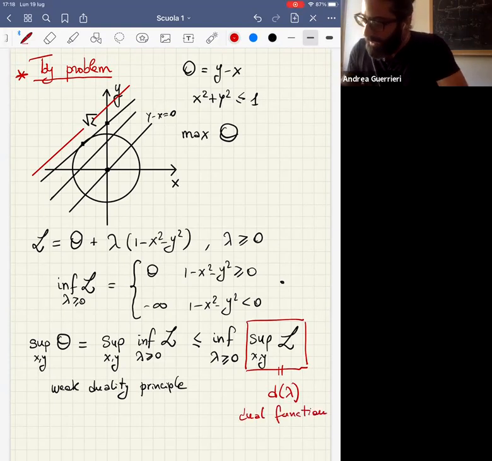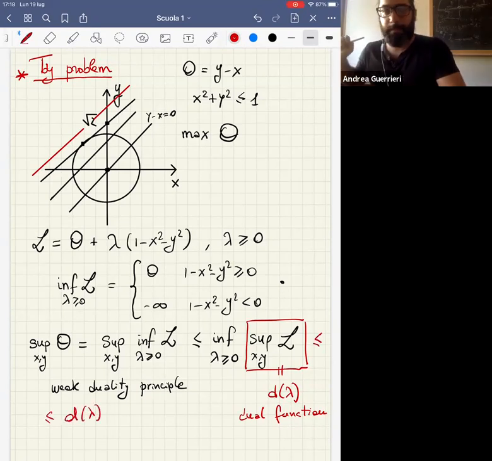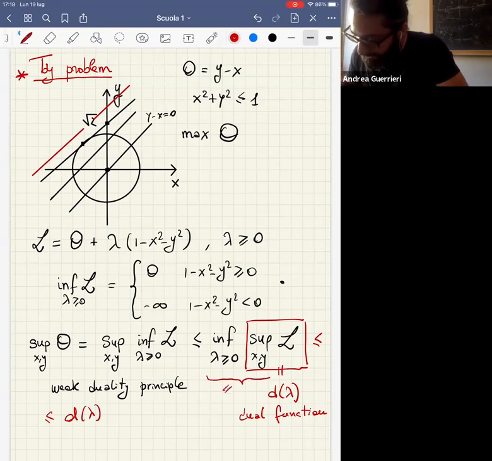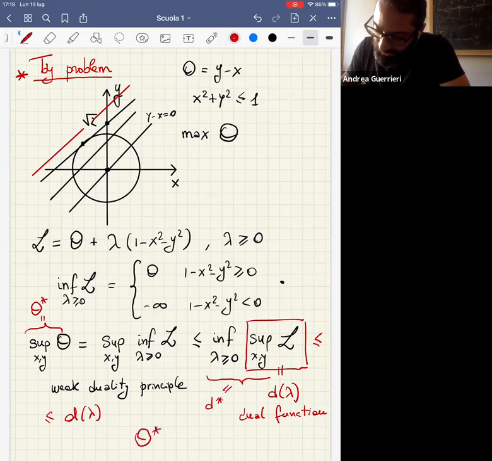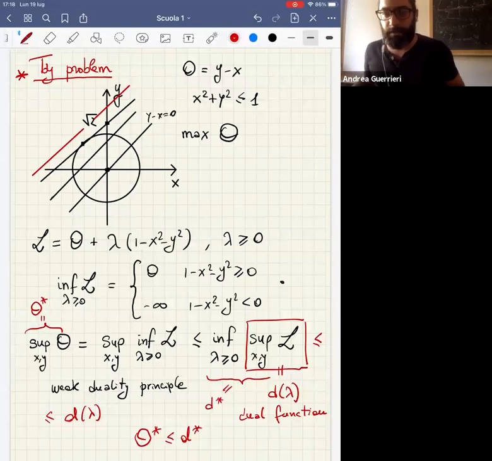And of course, by definition, the inf of the dual function will be less or equal than d of lambda. Now let me call this inf of d of lambda as d star, and let me call this sup of my initial observable as O star. And then I get a very nice inequality, which means O star must always be less or equal than d star.